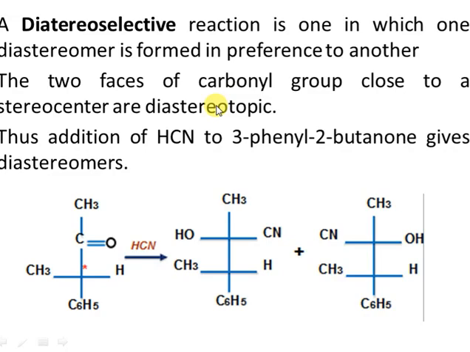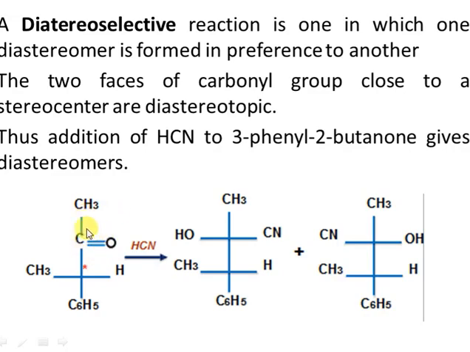And why is it a diastereoselective reaction? Because the carbonyl group has two faces. The carbonyl group in this specific case is diastereotopic, right? If a carbonyl can give you an enantiomer, the carbonyl will be considered enantiotopic. But this carbonyl group already has one chiral center, and when we carry out a reaction on this carbonyl, we'll get another center. It means this carbonyl can give you a diastereomer, right?